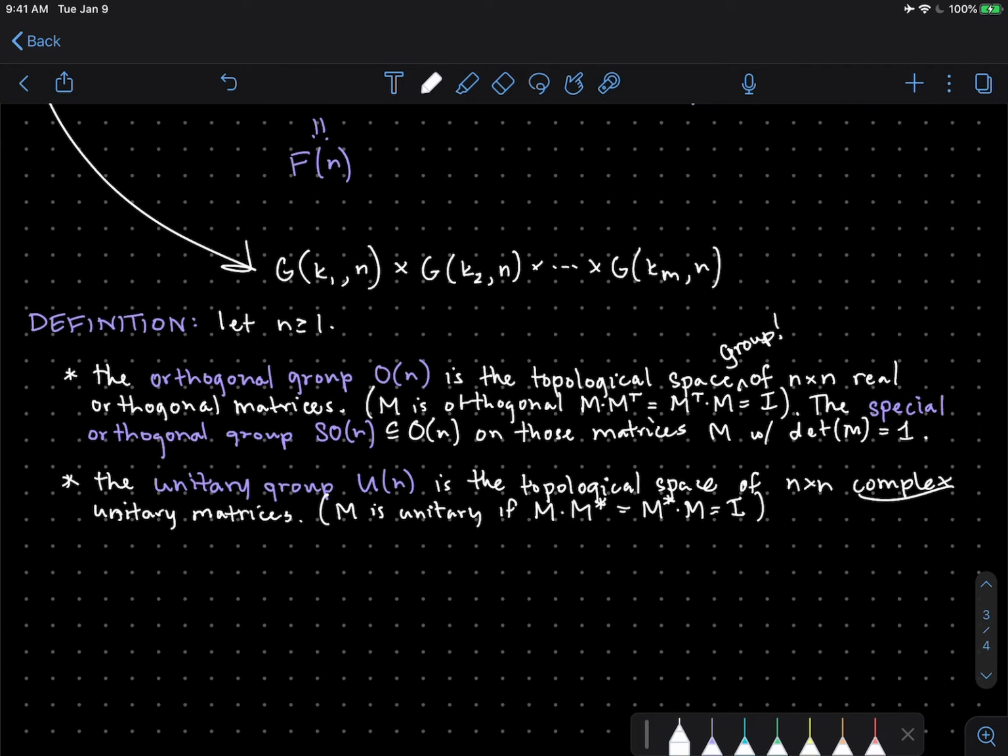Then there's identically the special unitary group, SU(n), which is the subset of U(n) of the determinant 1 matrices.